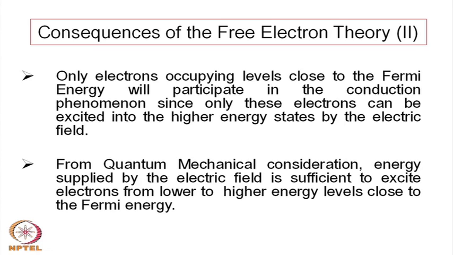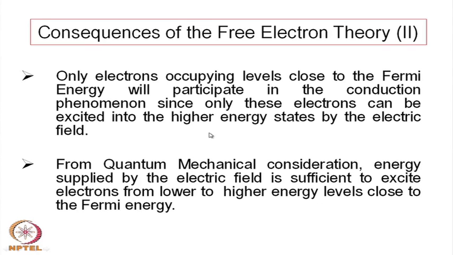Only the electronic levels, or the electrons having energy very close to the Fermi level, will get excited both by thermal energy as well as by the external electric field. From quantum mechanical consideration, the energy supplied by the electric field is sufficient to excite electrons from lower to higher energy levels close to the Fermi level.